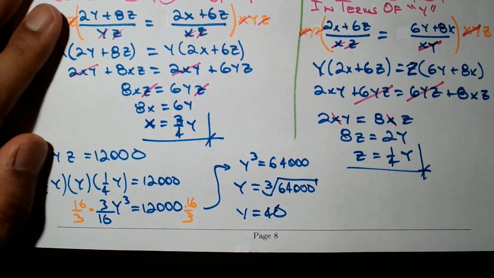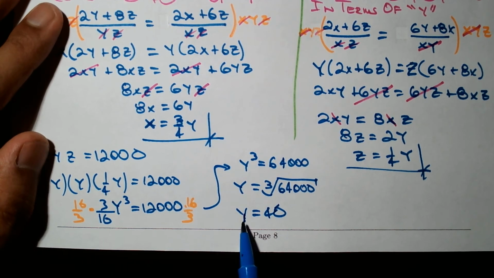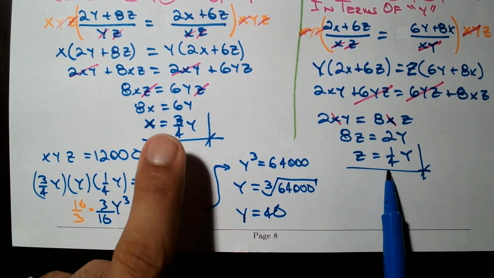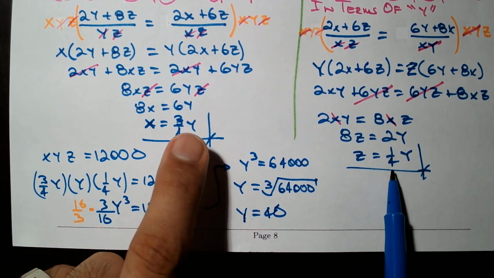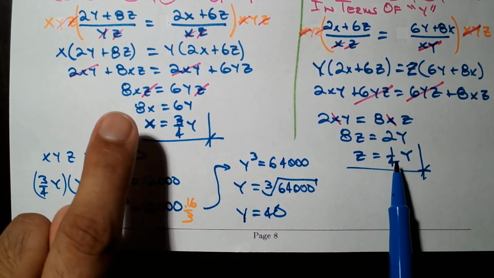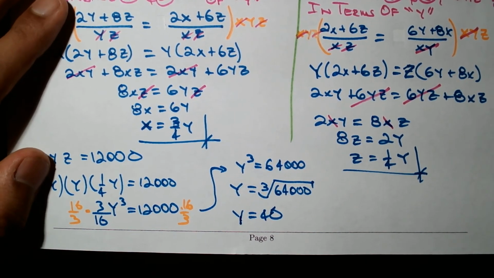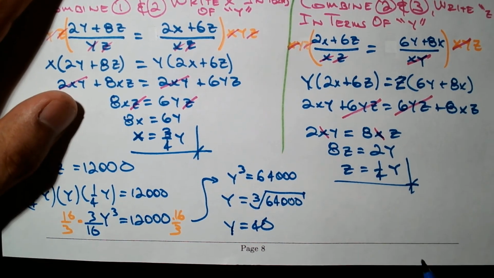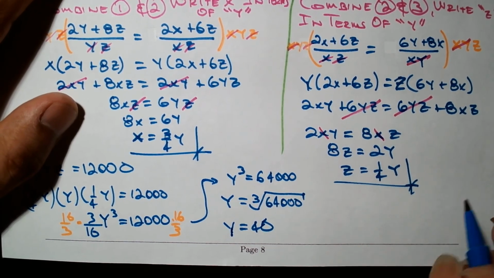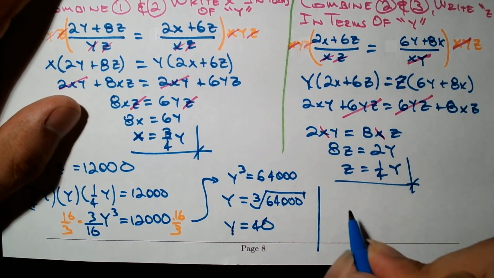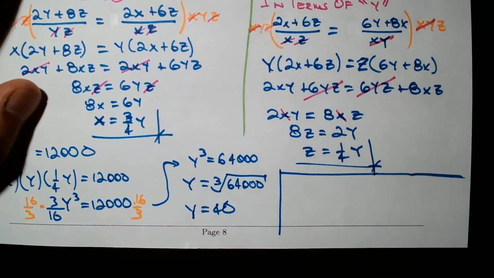Now that we have y equals 40, we can use these two equations to find x and z. I'm going to use this box over here.